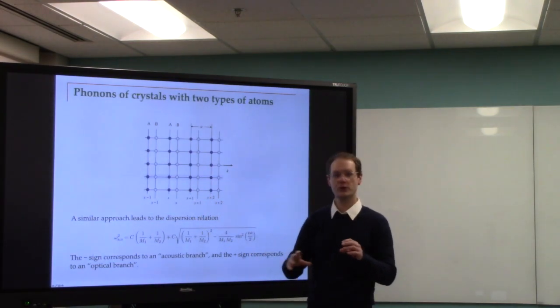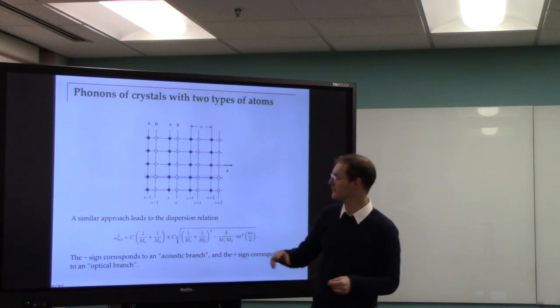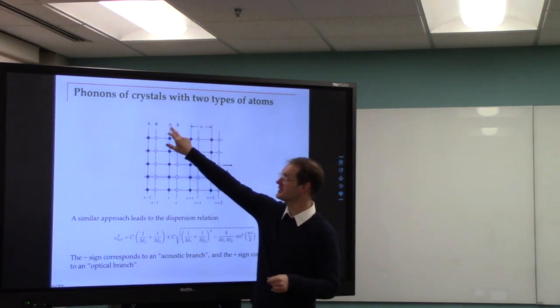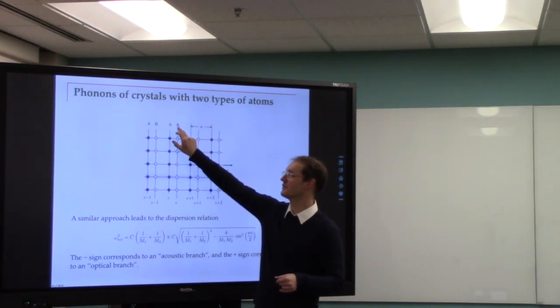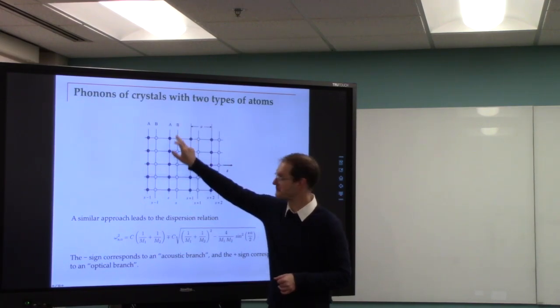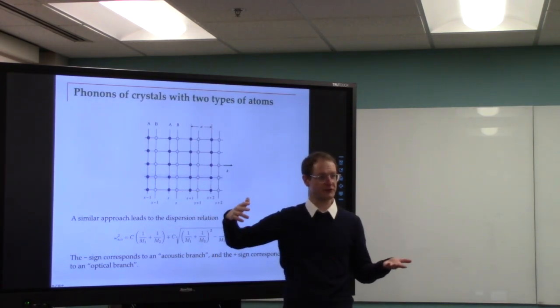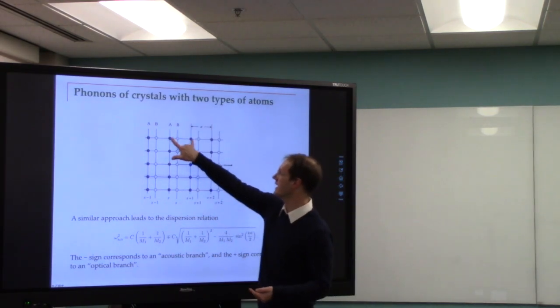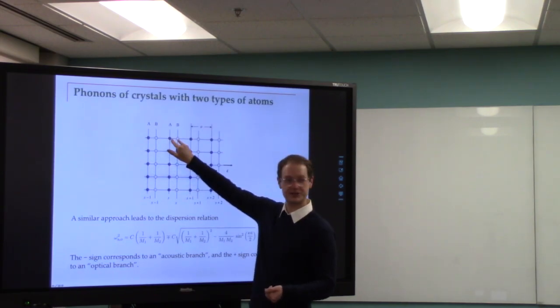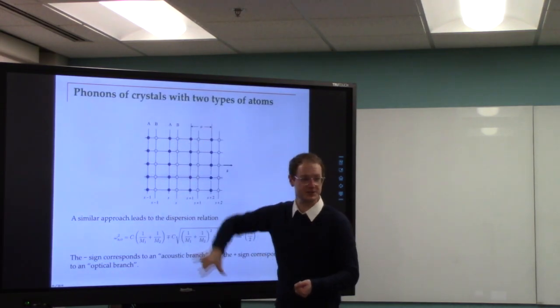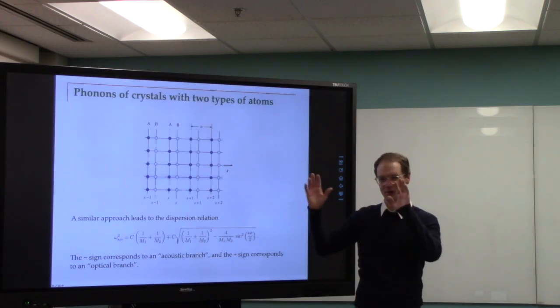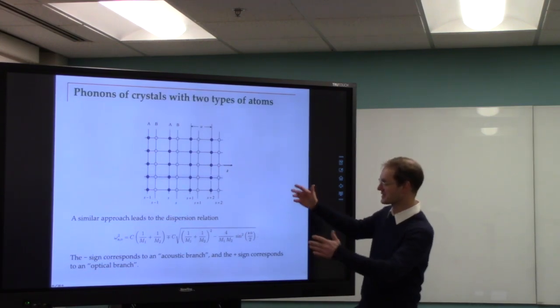You get two different equations of motion, one for the mass times acceleration of the A-type atoms, and one for the B-type atoms. They can have different masses, and there can also be different force constants for AA interactions versus AB interactions versus BB interactions.